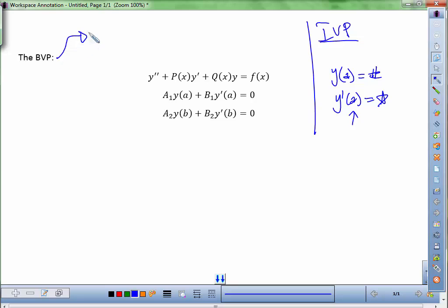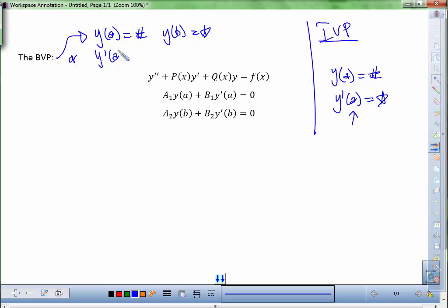More like the BVPs kind of look like either y(A) equals a number and y(B) equals another number, or y'(A) equals a number and y'(B) equals another number.